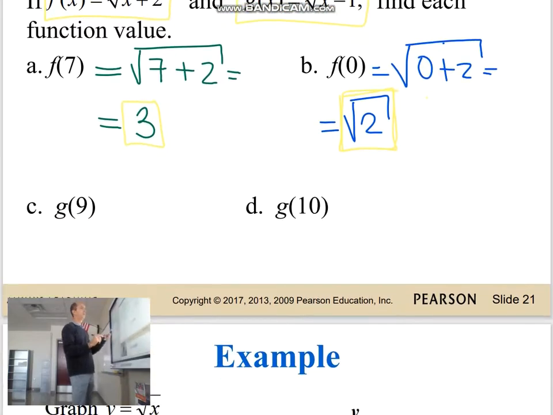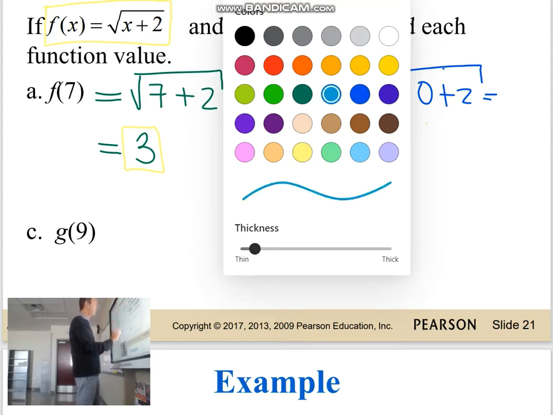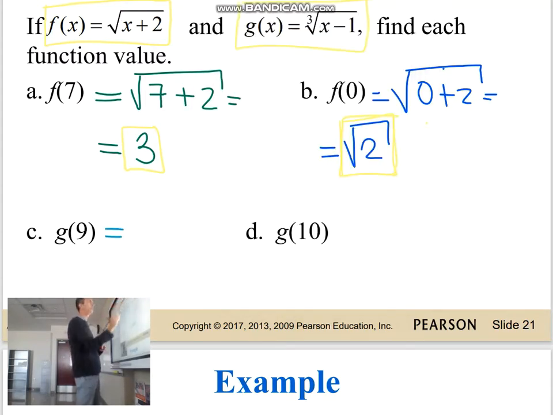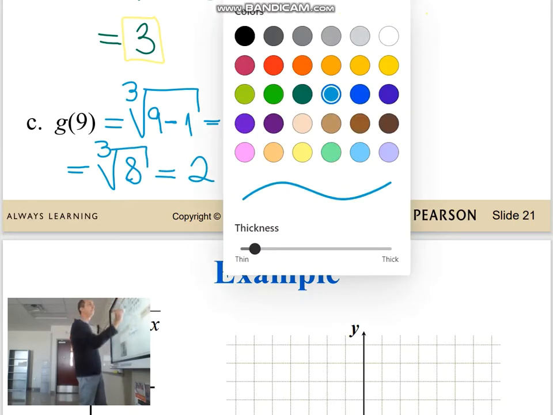And that's okay. Let us see, g of 9, plug in, and we have the function g of x equals the cube root of 9 minus 1, which equals the cube root of 8, equals 2. That's the answer.